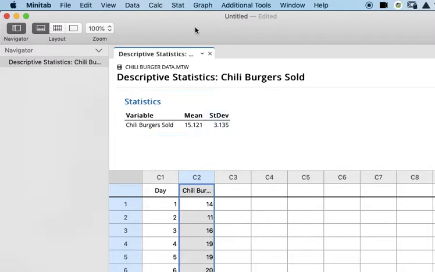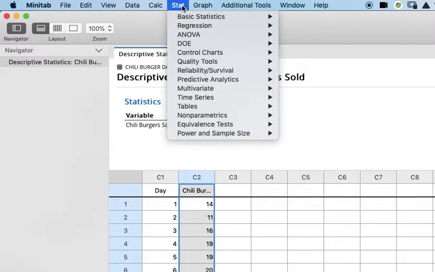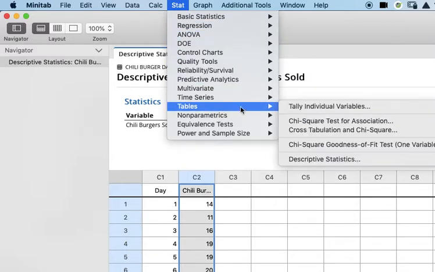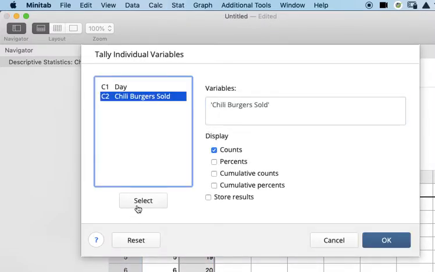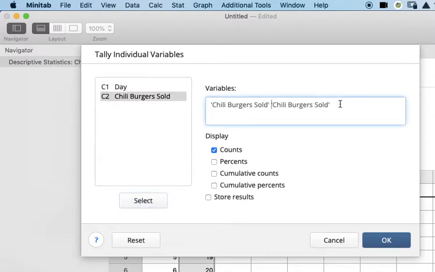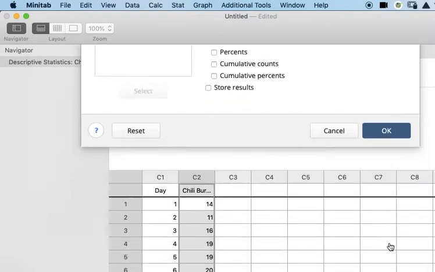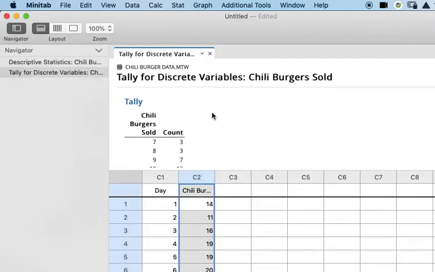That's going to take me a really long time, so I'm going to make it easier on myself, and I'm going to create a tally chart or a frequency chart to show me how many of each number there are. So go to Tables and tally individual variables. And I want to tally the chili burgers sold. So this tells me how many times each number appears in the data set.